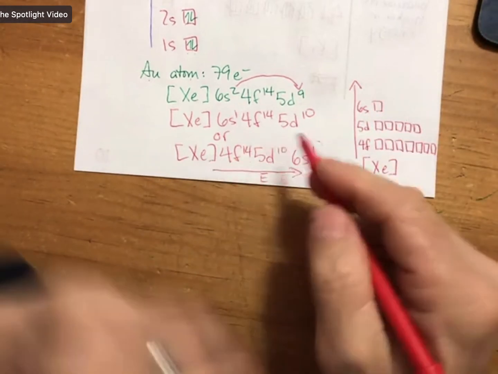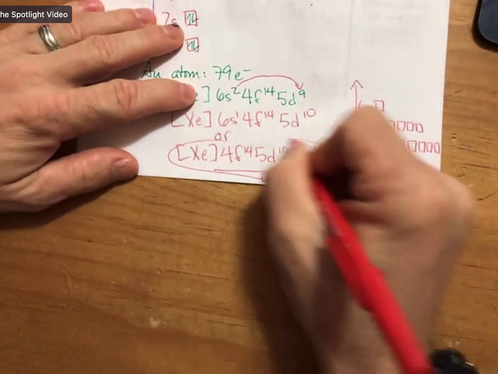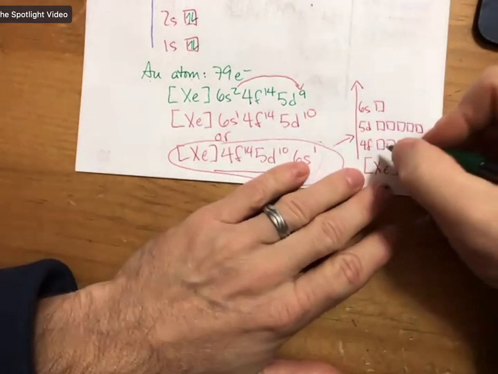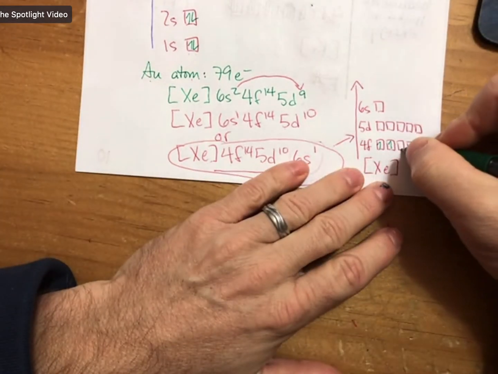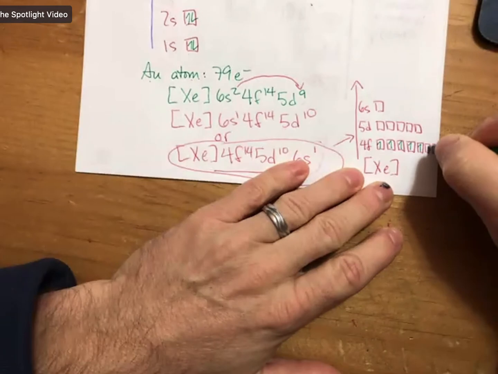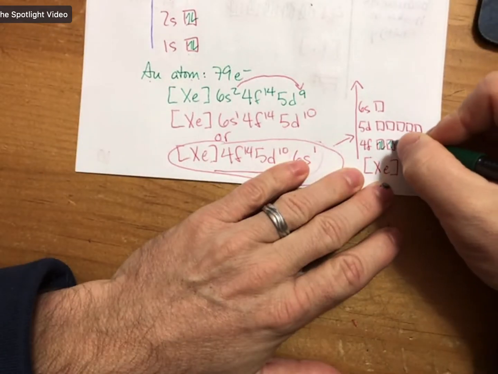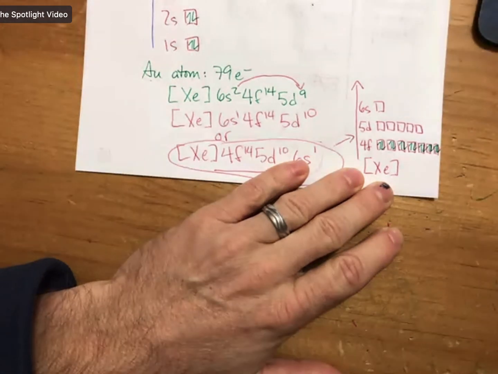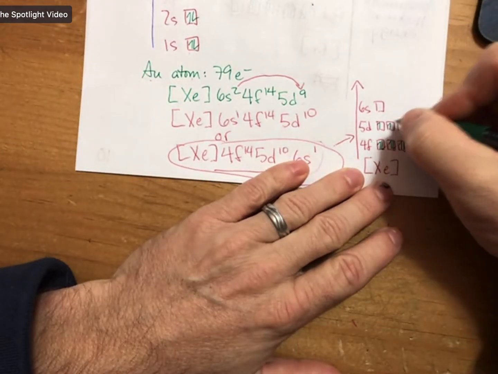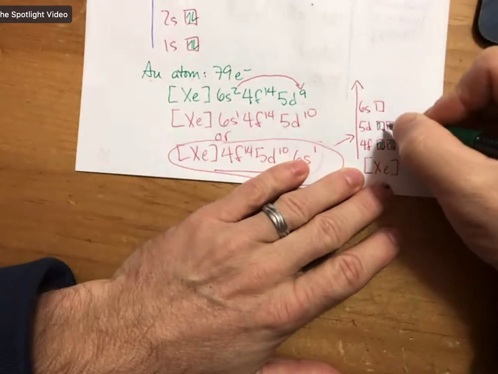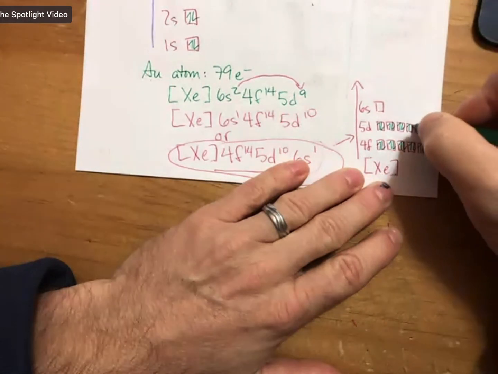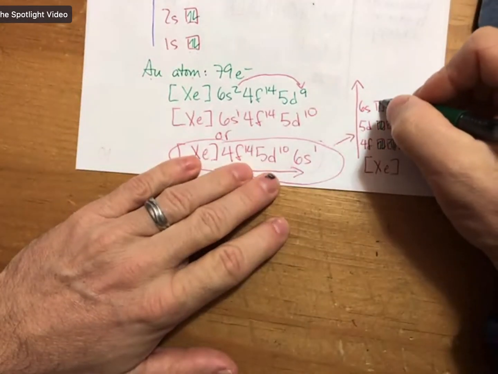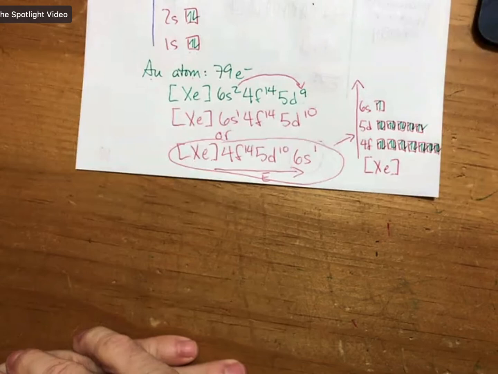So if we're doing this one, we would have 14 arrows. 3, 4, 5, 6, 7, 8, 9, 10, 11, 12, 13, 14. 1, 2, 3, 4, 5, 6, 7, 8, 9, 10. And then for the 6s1, there would be one up there.